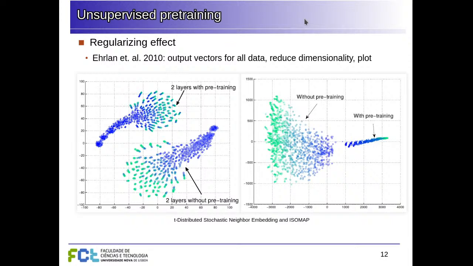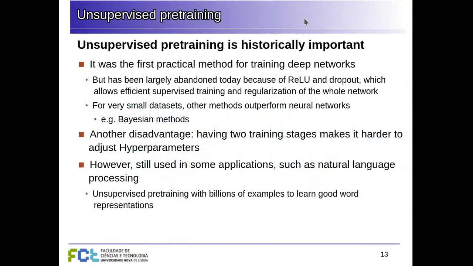So this was one way of using unsupervised pre-training to start the training of the network and then continuing with backpropagation and supervised learning. This is mostly important for historical reasons, because it was a practical way of training deep networks before using rectified linear units.